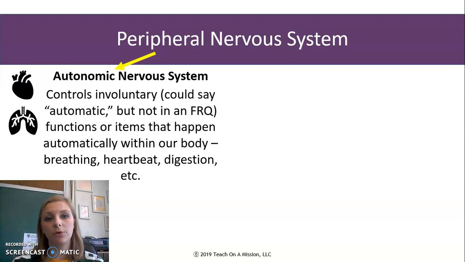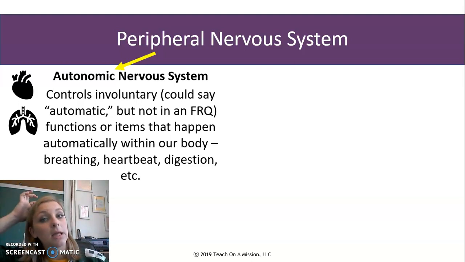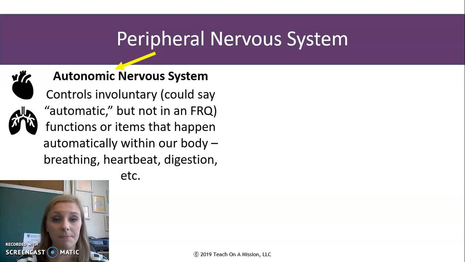So let's break down the peripheral nervous system then. Remember, the peripheral nervous system is going to be the way that the rest of our body communicates with the central nervous system. The peripheral nervous system is broken down into two main parts. The autonomic nervous system. It sounds like automatic, but it's not. Don't put that in on FRQ. It sounds like automatic, and you should think that way, but it's autonomic, and this controls involuntary functions.